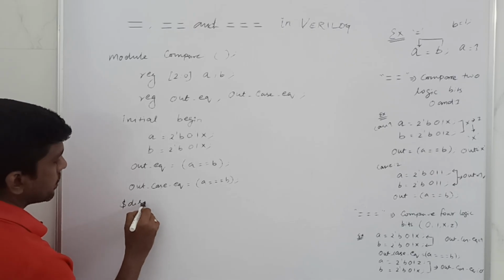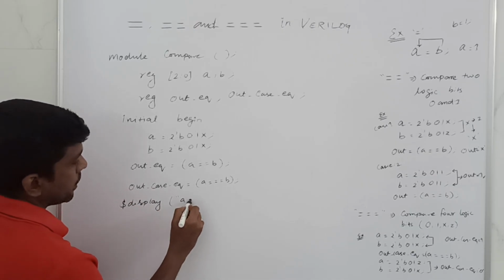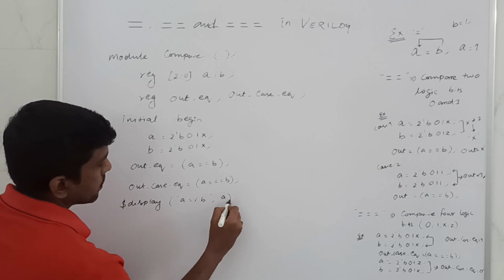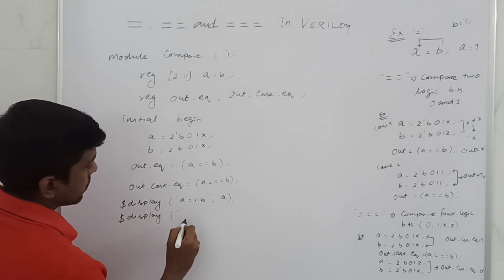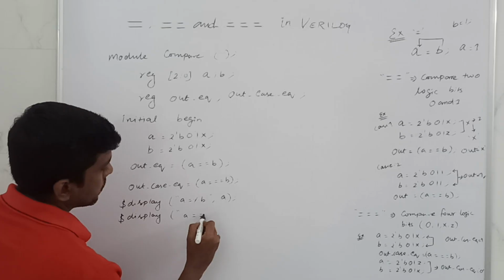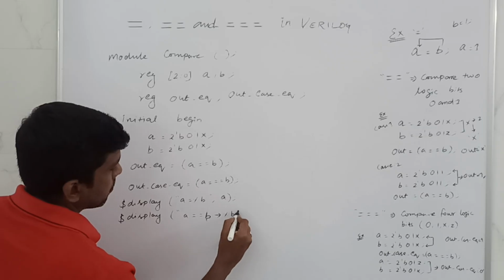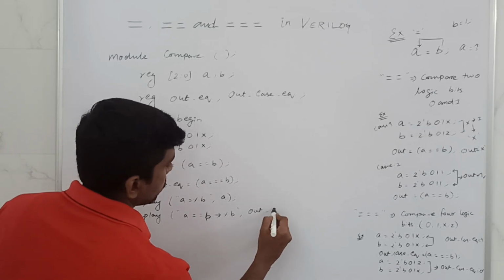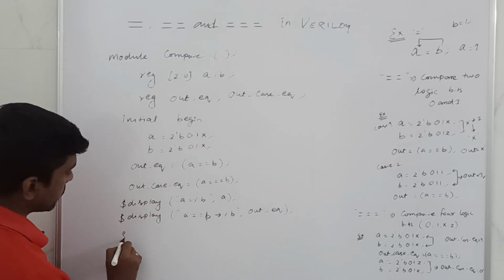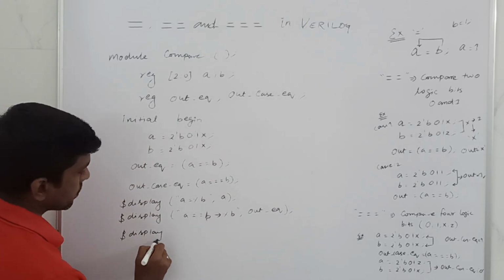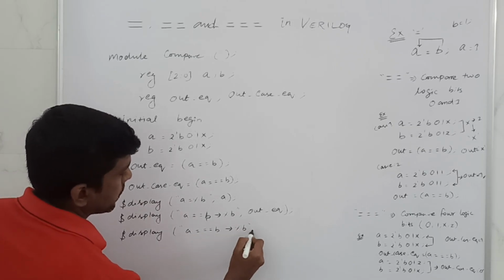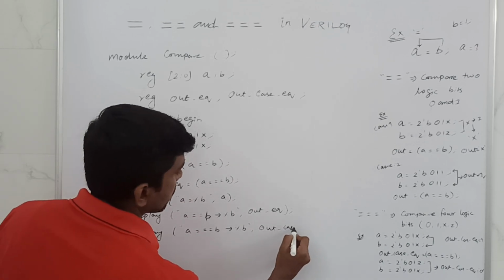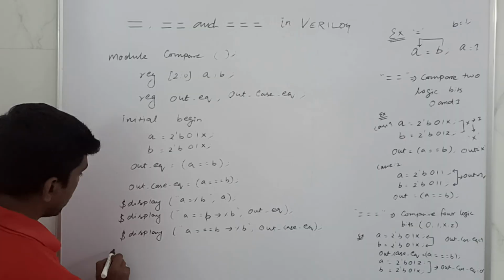Then display the result. $display a = %b, a == b = %b, out_equality. Then $display a === b = %b, out_case_equality.